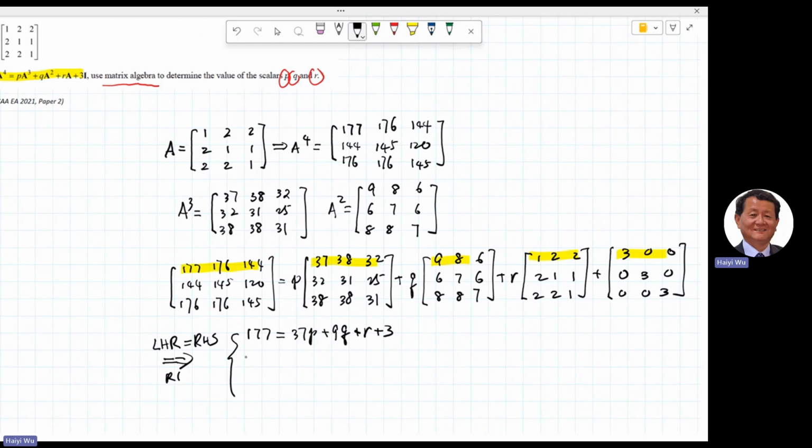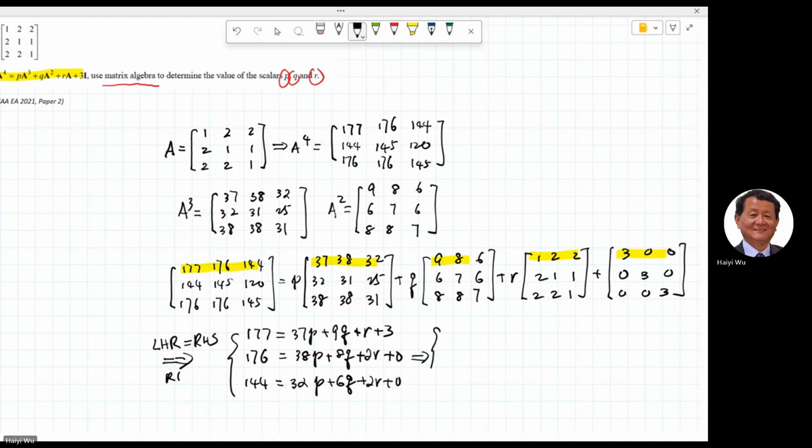Next, 176 equals 38p plus 8q plus 2r plus 0. The next one, 144 equals 32p plus 6q plus 2r plus 0 again.